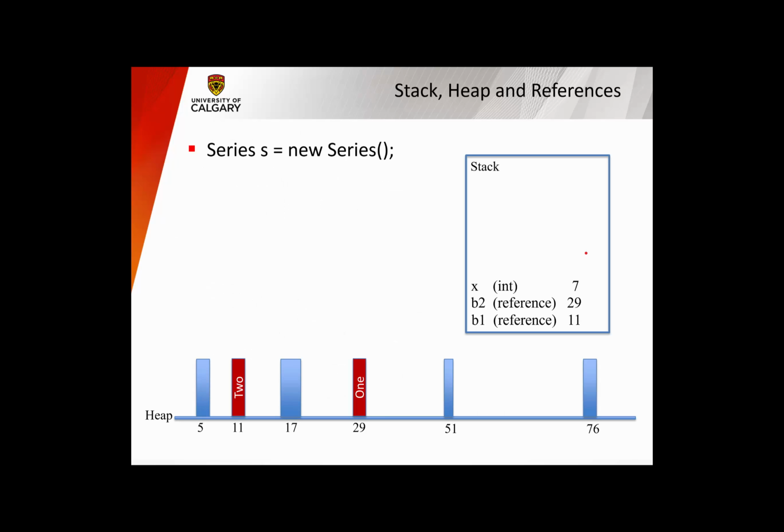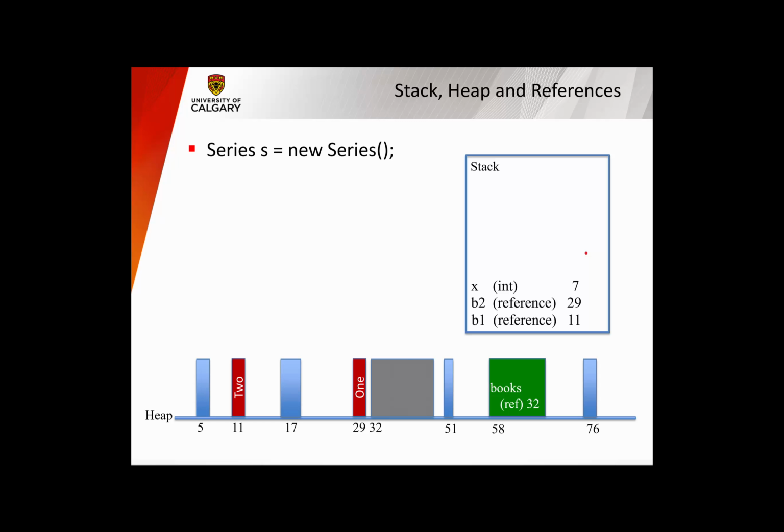All right, so if I'm creating a new series, remember that when I'm creating a new series, I'm going to the stack. The interesting thing here is that inside of that code, there is also a new array list being created. So I'm creating another object sitting right in here. And my series, the green one, has a reference to that. So it has an instance variable called books.